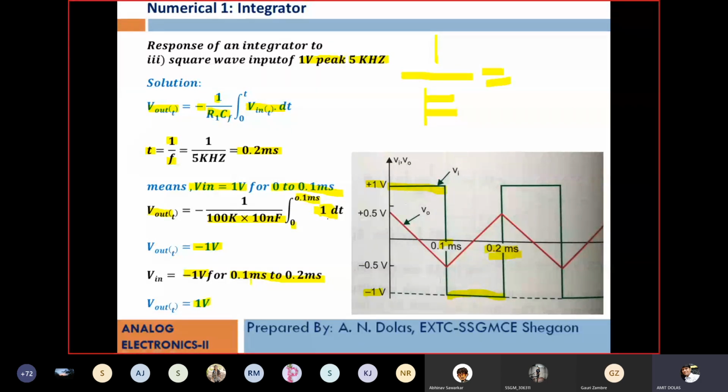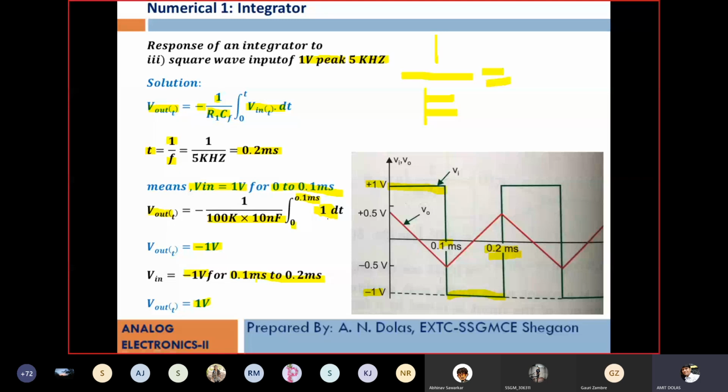So you will get what? If the square wave is applied, then you will get a negative going ramp for the positive period of this square wave. You will get a positive going ramp for the negative period of the square wave, and you will get kind of a triangular wave if the square wave is applied. So if combinedly the square wave is applied, what you can see, ±1 volt. This is -1 volt and this is +1 volt.